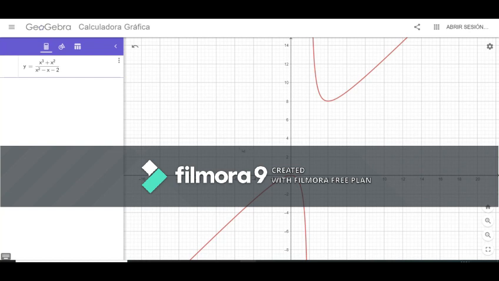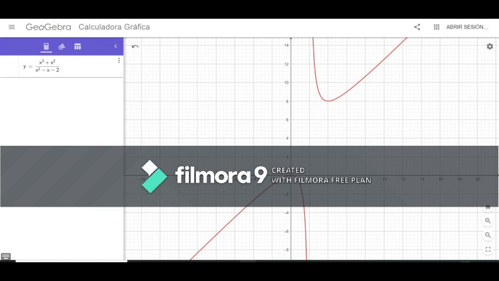And well, there's no horizontal asymptote, and that's because of the rule that if this power is greater than this one, that means that there's no horizontal asymptote.